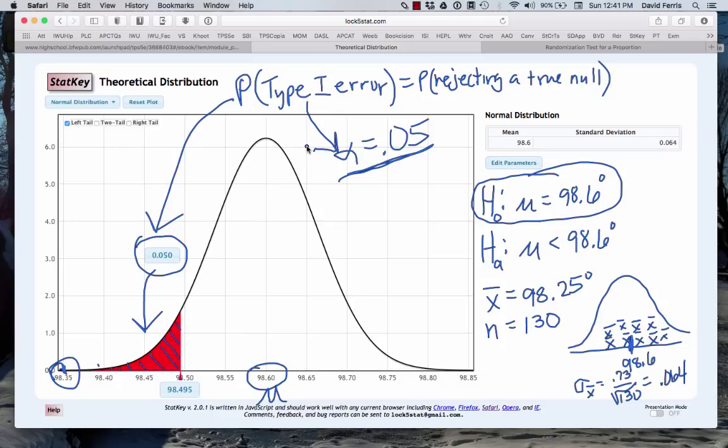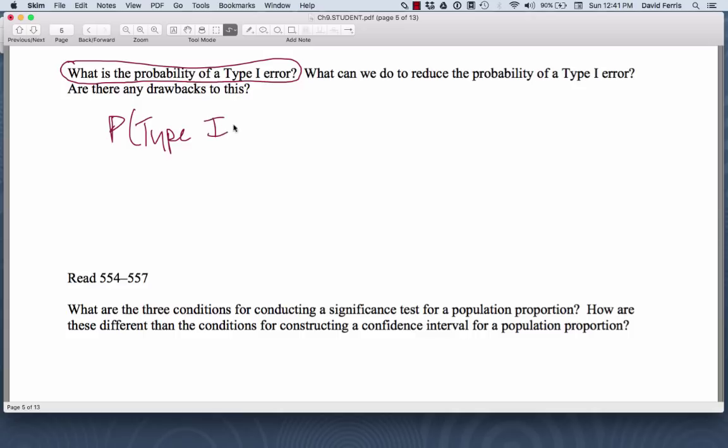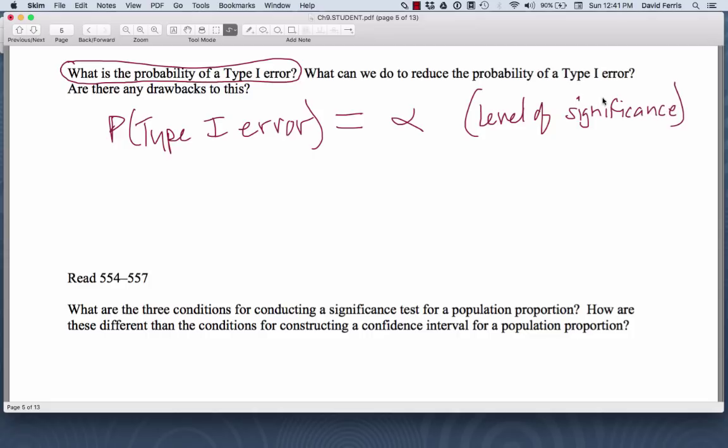And then in your guide, we can kind of finish this up then. If that's true, that means that the probability of a type 1 error turns out to be exactly the alpha level, which is the level of significance. All right, so there's a new little fact.